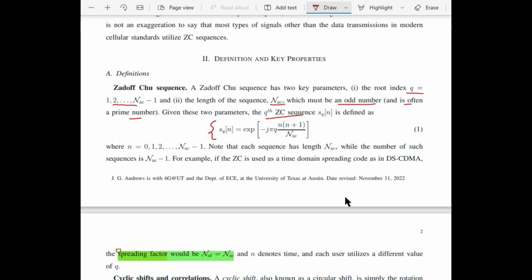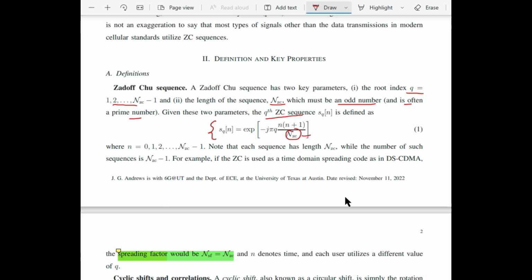For this we can discuss later on, but for the sake of simplicity we consider the length of the sequence to be an odd number, and proceed further. So we define the ZC sequence in such a way: S_q[n] = exp(-jπqn(n+1)/NZC), where NZC is the length of each sequence.